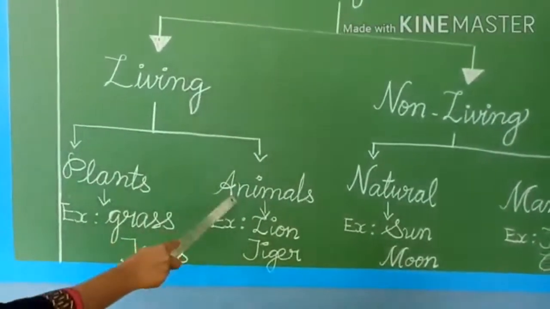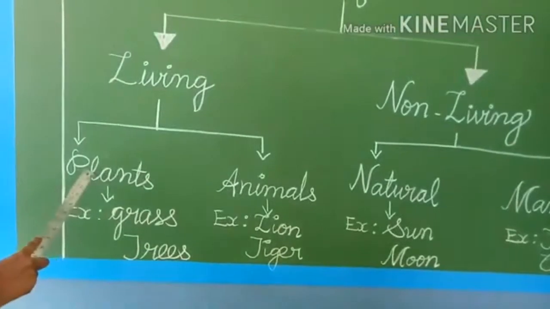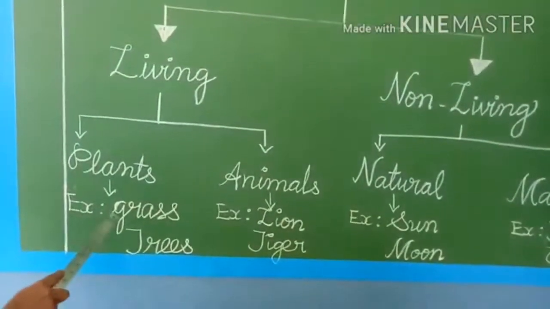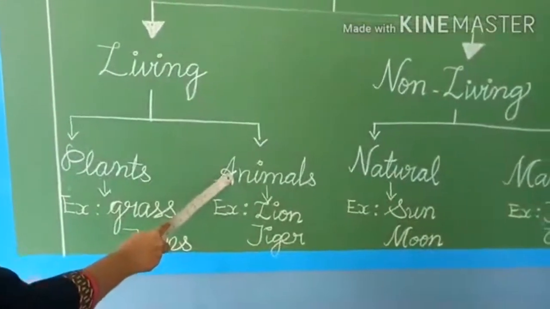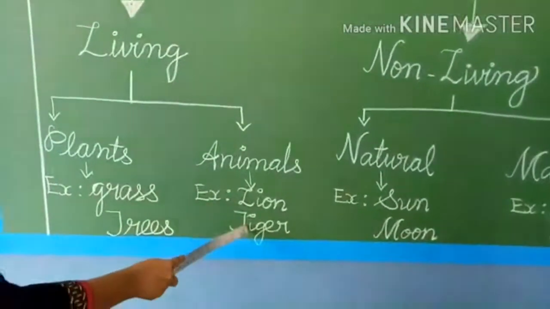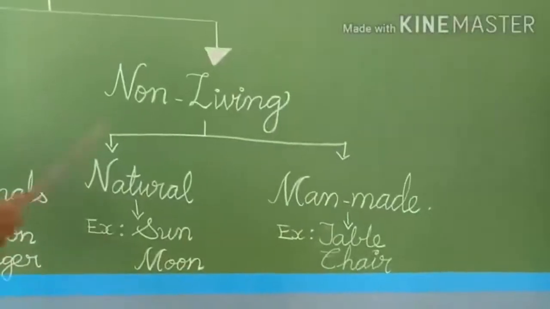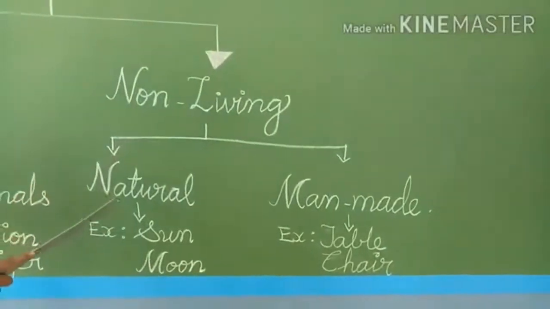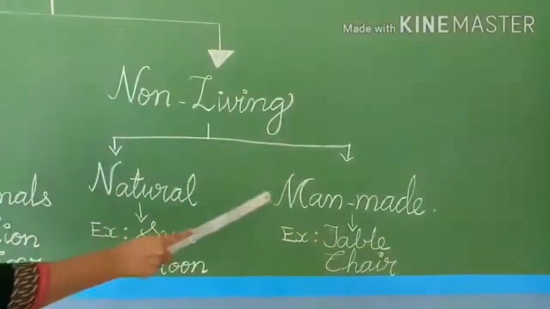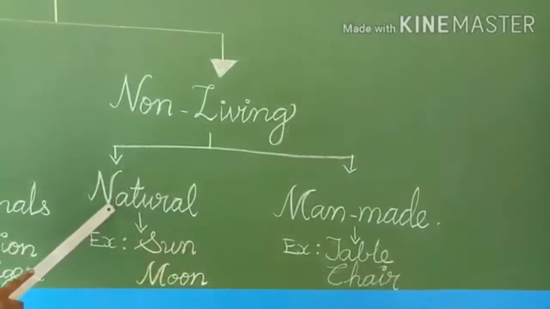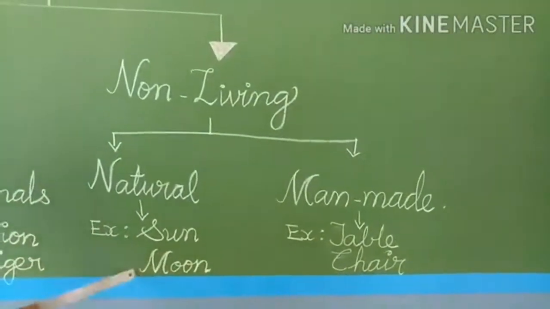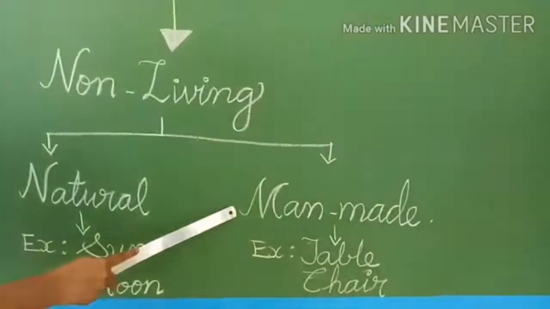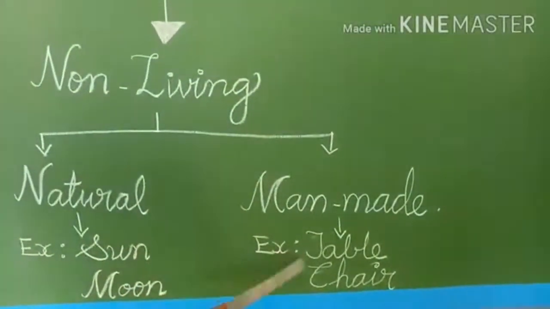Plants and animals. Example for plants, grass and trees. Example for animals, lion and tiger. Non-living things are natural and man-made. Example for natural things, sun and moon. For man-made, table and chair.